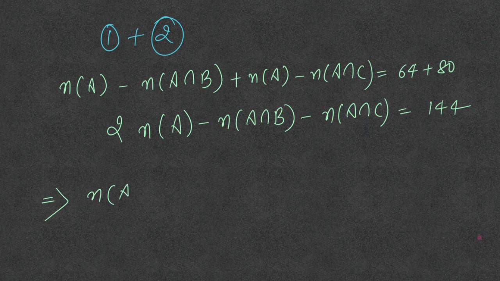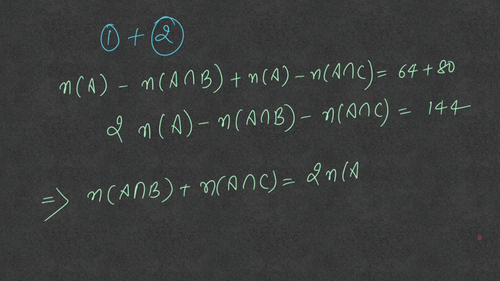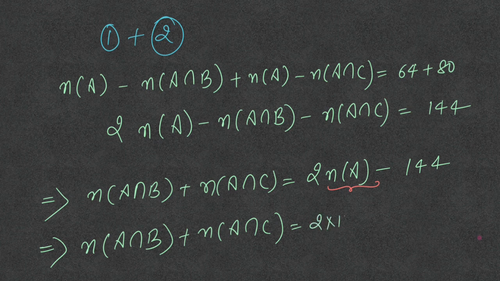So n of A intersection B plus n of A intersection C is equal to 2 into n of A minus 144. Since we know that n of A is 114, plugging this value here, we get 2 into 114 minus 144, which becomes 84.